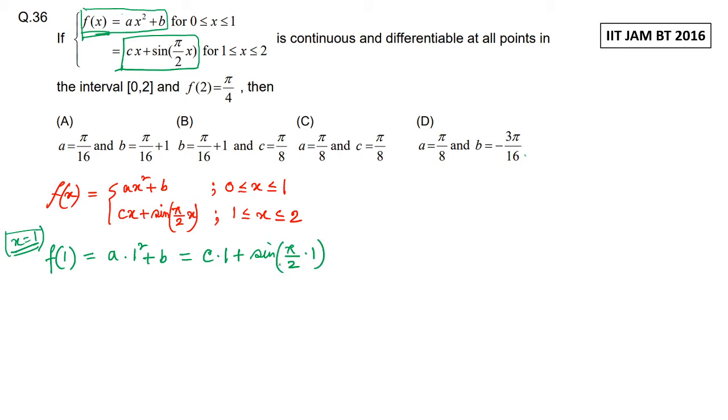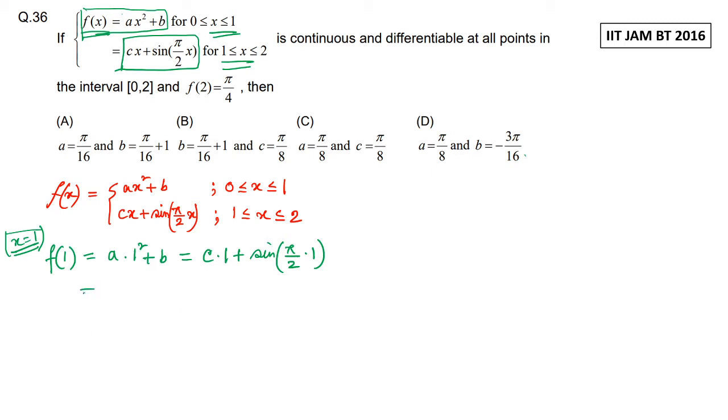Since it is x less than equal 1 and 1 less than equal x, this equal sign, we can equate these two, for x equal 1 only.